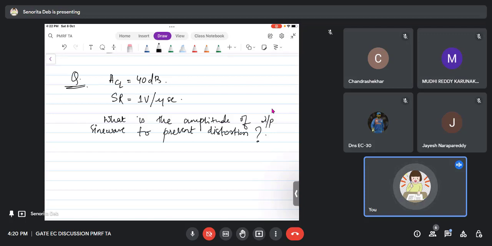Take f naught, the frequency of operation, to be 20 kilohertz.